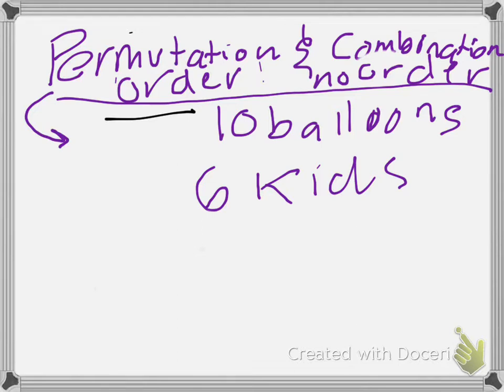But for permutation, just focus on whether it's in order, and for combinations, it might ask how many different ways you can put a pizza together with 2 meat toppings and 3 vegetable toppings, with choices from 6 meat toppings and 9 vegetable toppings. That's like how many different kinds. Those different kinds don't need a necessary order. It's asking for a different type. It's kind of confusing, but hopefully when I show you this example, it'll make it easier.